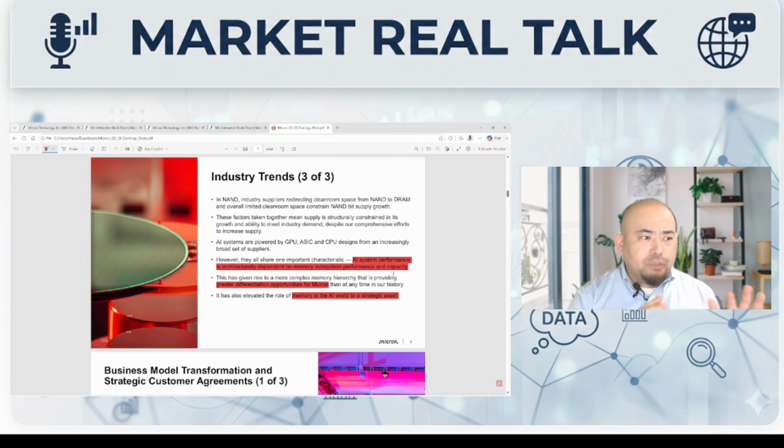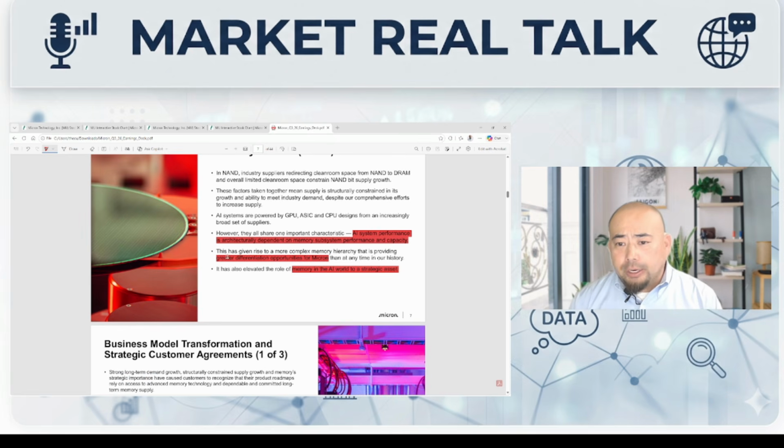AI can only move as fast as memory is going to help them move. And that is so important, especially in this world where we want everything instantaneously, and we expect that with AI. I certainly do. So that right there, all right, here says, more complex memory hierarchy, giving them a greater differentiation opportunity for Micron. I believe it.